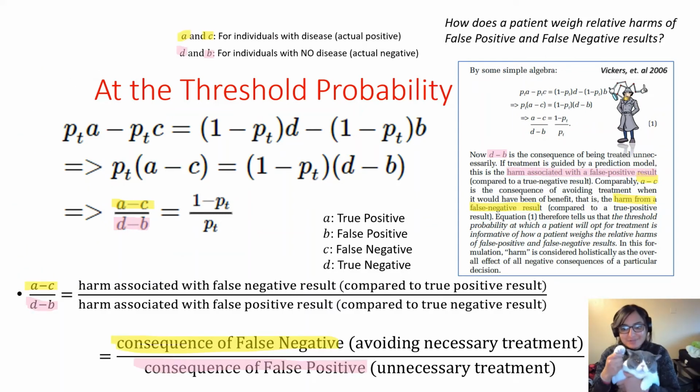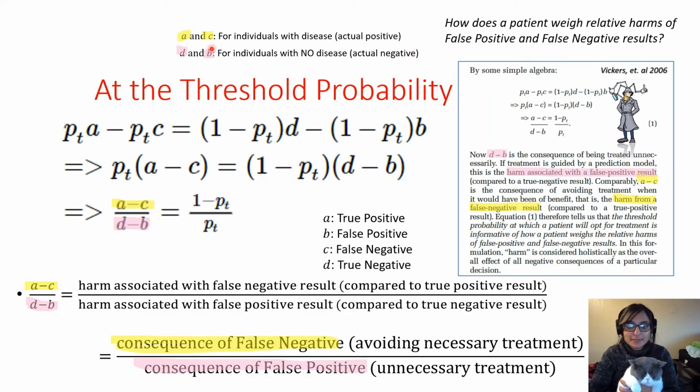So as Yang Shi is pointing out, this whole thing, the numerator, is the thing on top. If we have the top and the bottom, let's focus on the top, A minus C. A and C focus on individuals with the disease, actual positives. They can be true positives or they can be false negatives. They can be correctly predicted as positive, or falsely predicted as negative when they're actually positive.